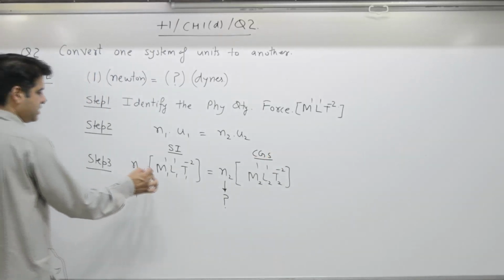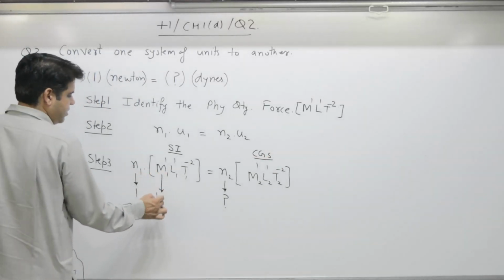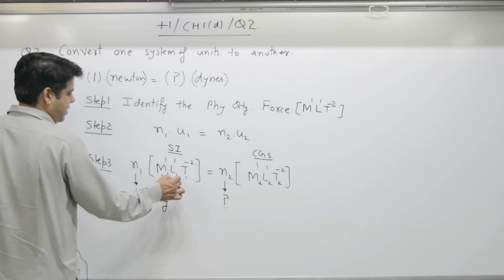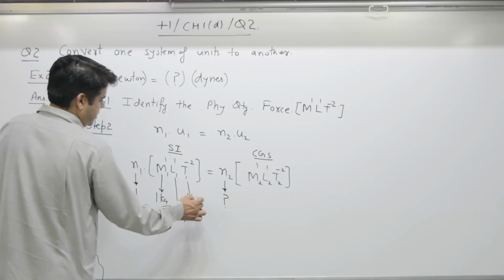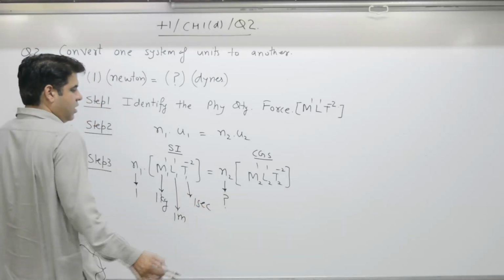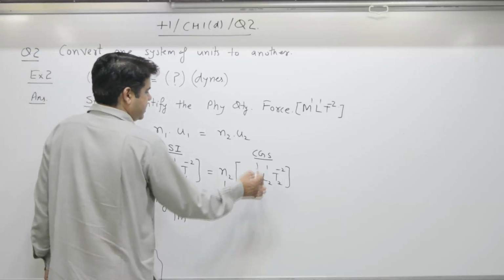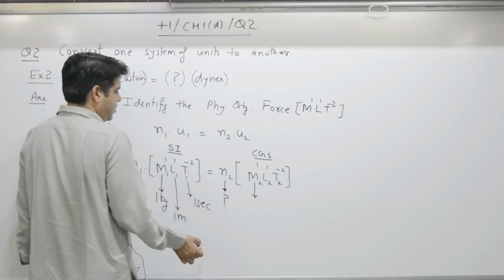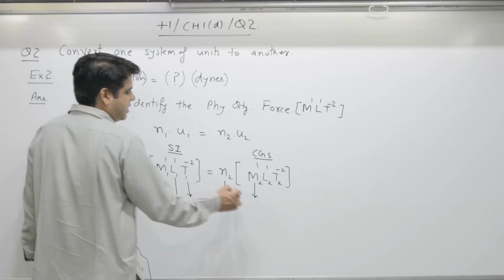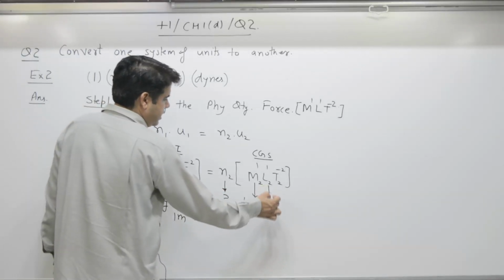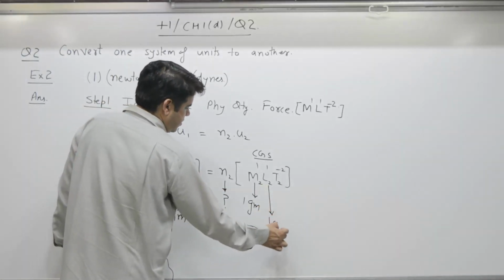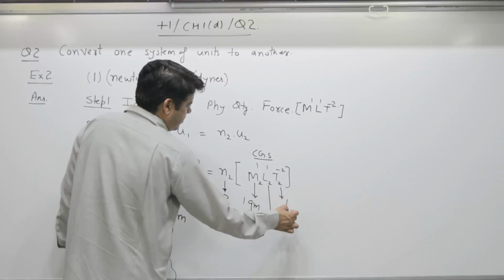In SI, mass is kg, length is meter, time is second. In CGS, mass is gram, length is centimeter, time is second.